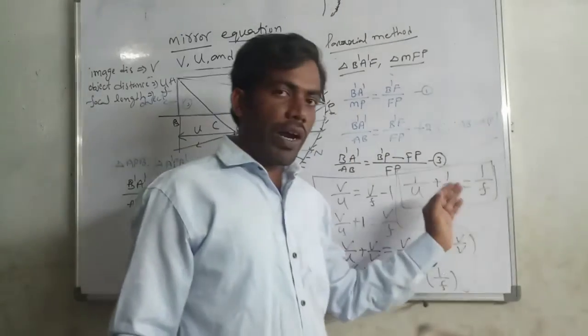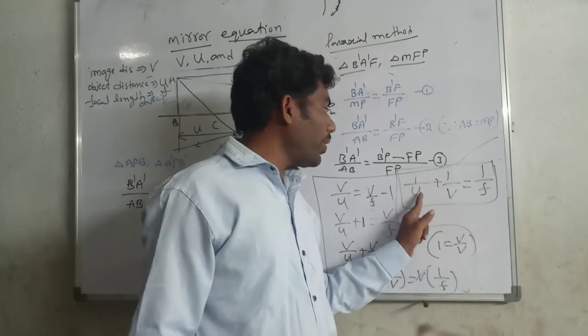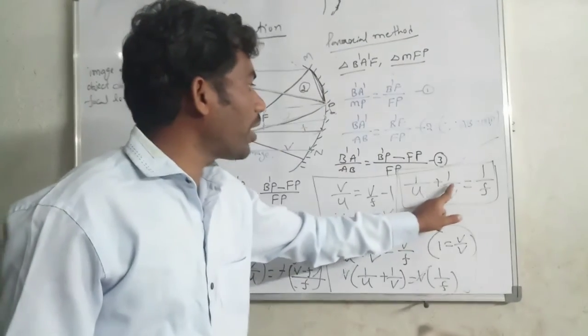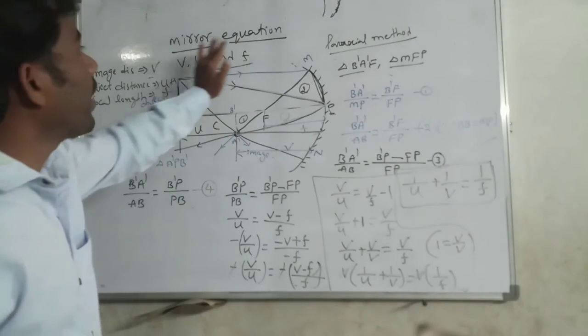Finally, the mirror equation is 1 by F equal to 1 by U plus 1 by V.